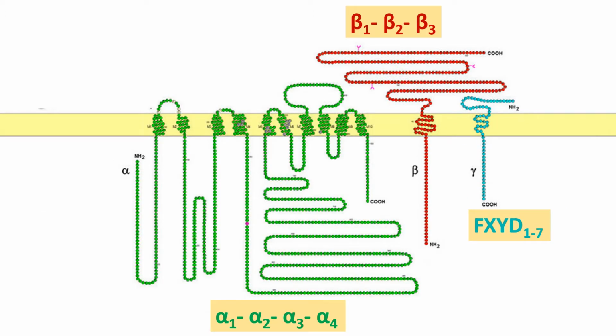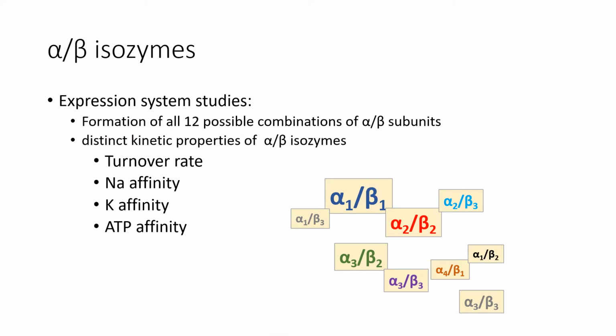Several isoforms of each subunit exist. Alpha subunit exists in 4 isoforms, alpha 1 to 4. Beta subunit exists in 3 isoforms, beta 1 to beta 3, and 7 different isoforms of FXYD subunit have been identified.